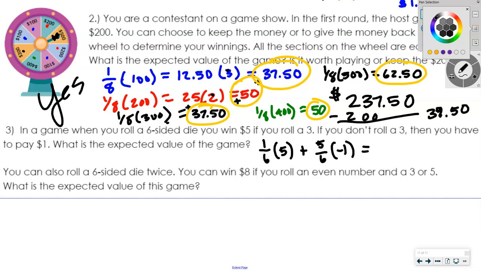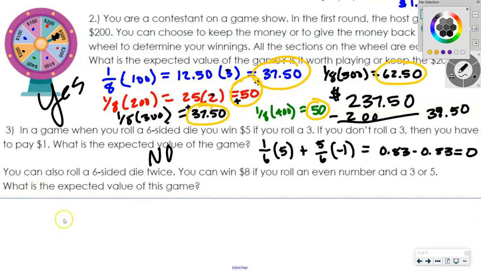So that's where you're going to do this one. Remember, if you're paying out, then it's going to be a negative amount, yes? So this is actually 0.83 minus 0.83, so it's 0. So I would say it's up to you if it's 0, but most people, the expected value is 0, so I would say no, I'm not playing this game.